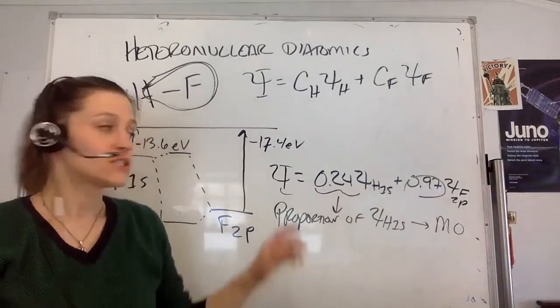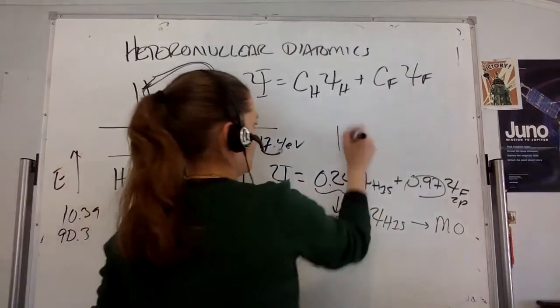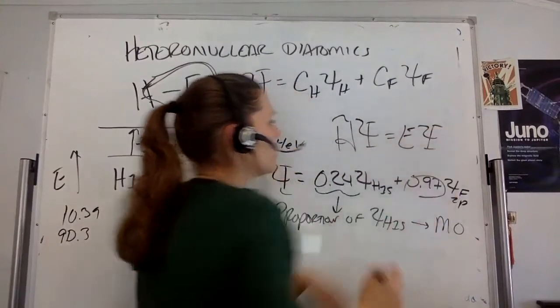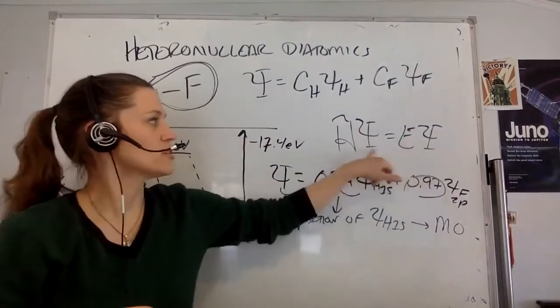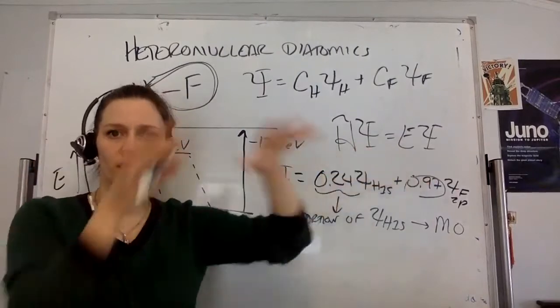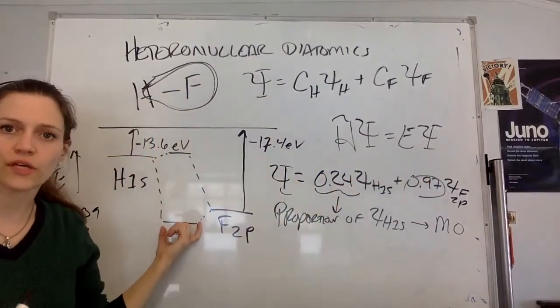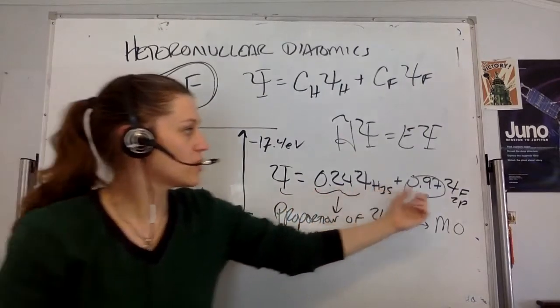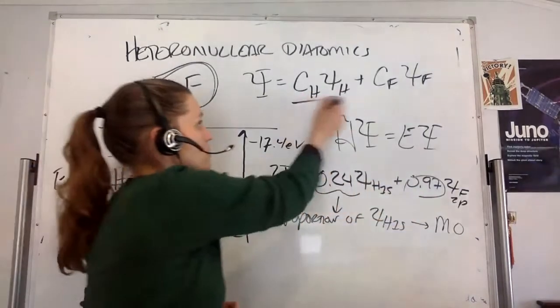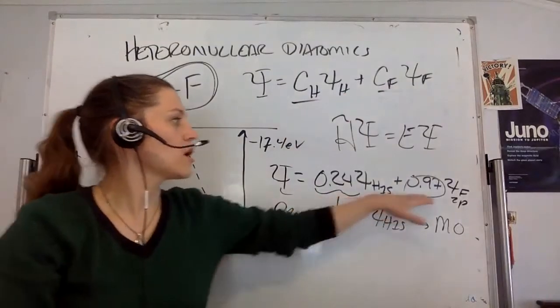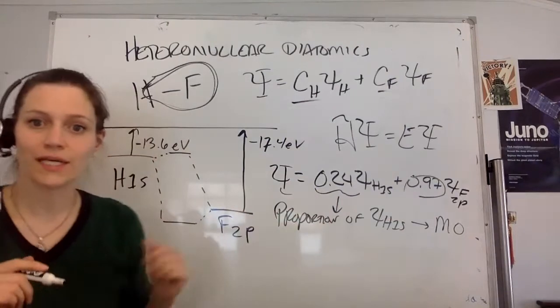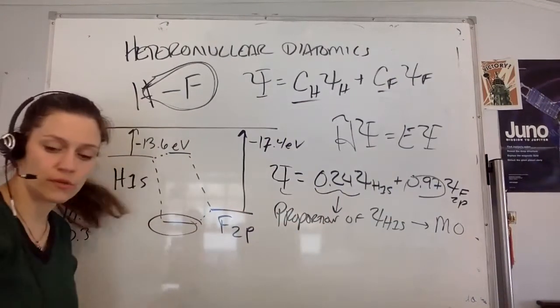Cool? So the kicker here was, again, H psi equals E psi. So these wave functions are chosen such that they optimize the lowest possible energy that you'll get from the linear combination of the atomic orbitals. Those wave functions have coefficients in front of them, and those coefficients are going to reduce to the value that optimizes the energy, i.e. gives you the lowest energy.